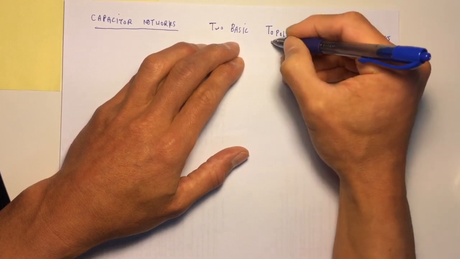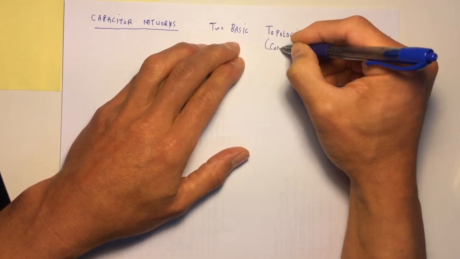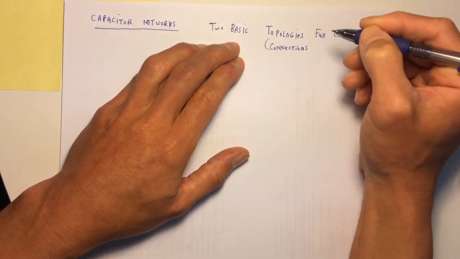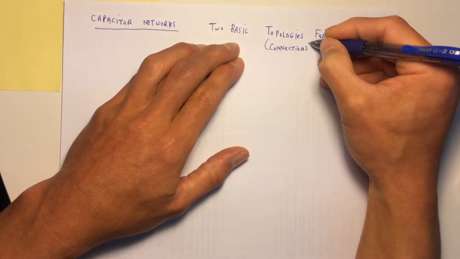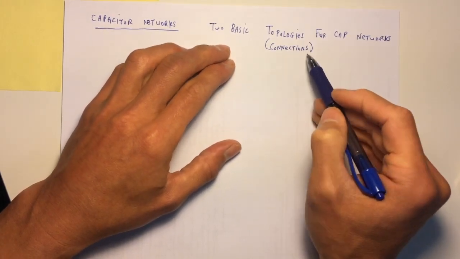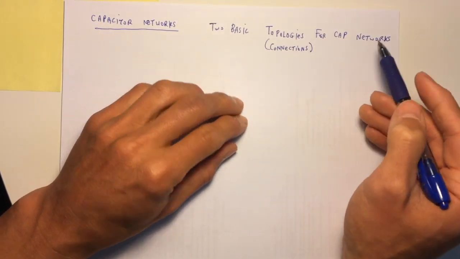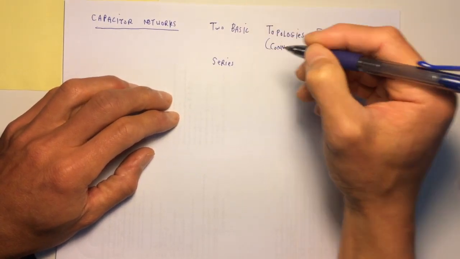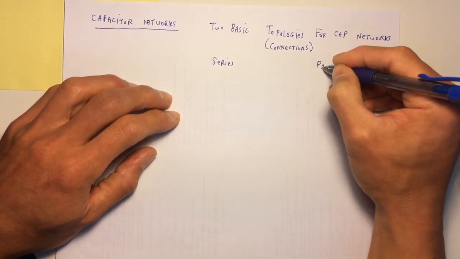Another way to say that is connections, or connection shapes. But anyway, two basic different topologies or connections for cap networks. They are called series and parallel.